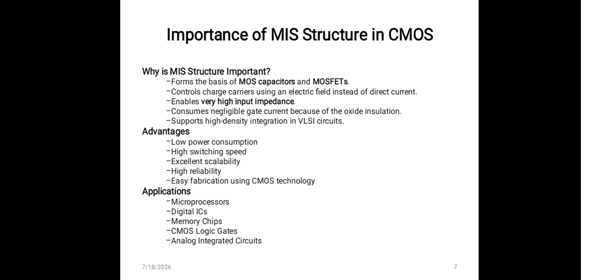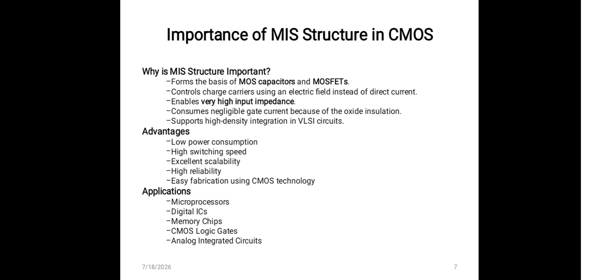Since there is an oxide coating at the gate, it has extremely high input impedance because of this extra layer, draws negligible gate current because of the insulating oxide, and enables high density integration in VLSI chips. Its advantages are low power consumption, high switching speed, excellent scalability, high reliability, and easy CMOS fabrication technology.